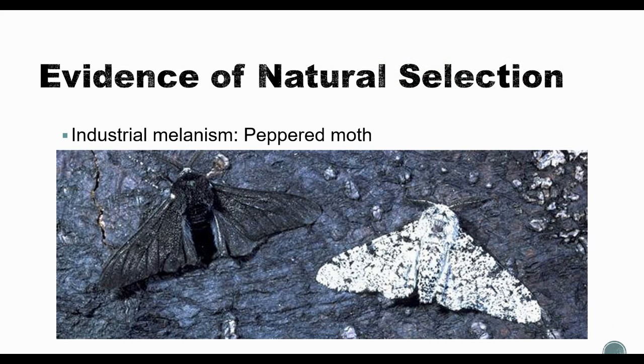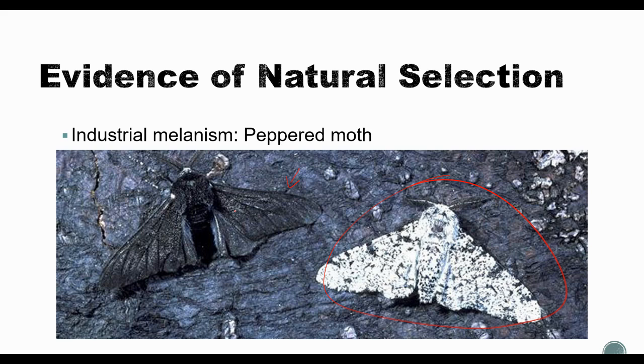All right, here's another bit of evidence of natural selection, industrial melanism, so the peppered moth. So what we would have is we would have had these white-barked birch trees, and then during the Industrial Revolution, the bark of the tree became speckled with the dust and soot from factories. So what happened was the white moths became much easier snacks than the more peppered or darker colored moths.